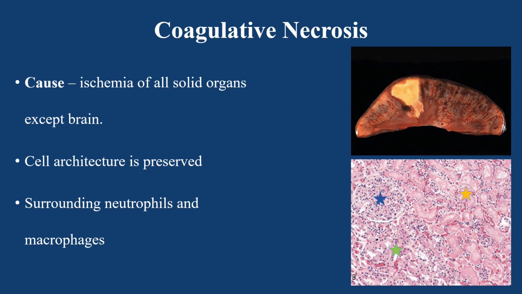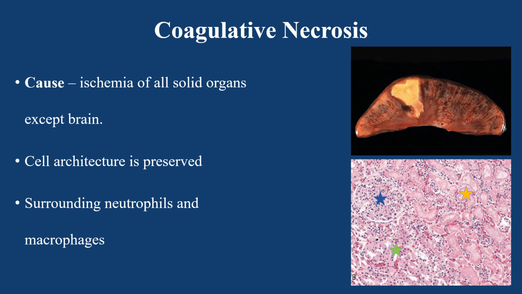But on the right side of this image, if you look very keenly, you are going to see that there is no nucleus in the tubules. There is a yellow star mark. This is a tubule which is having only cytoplasm.